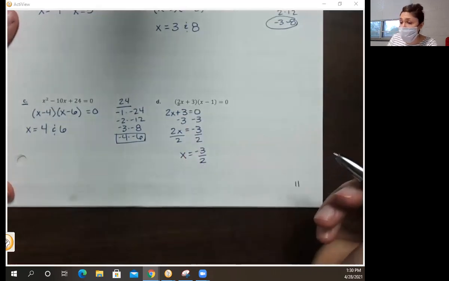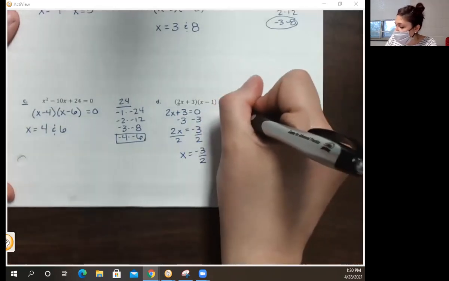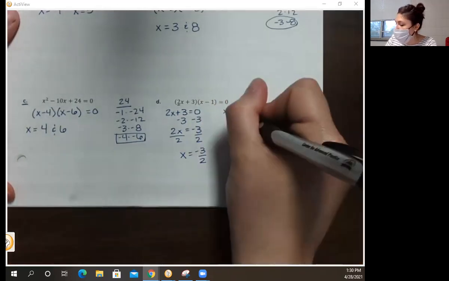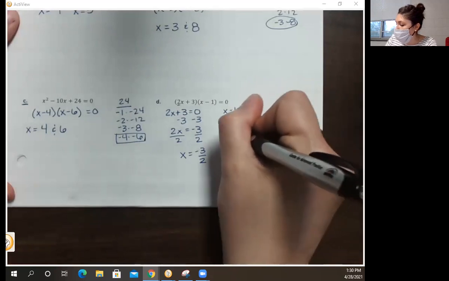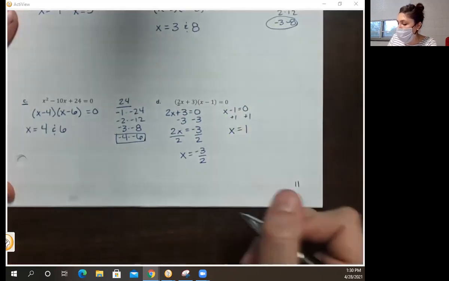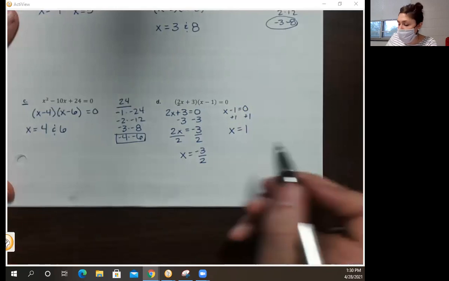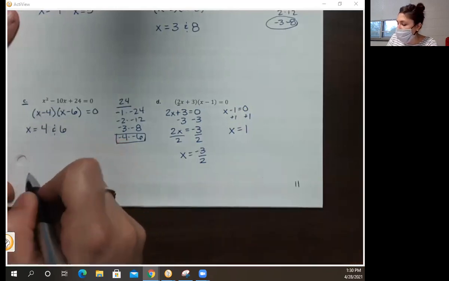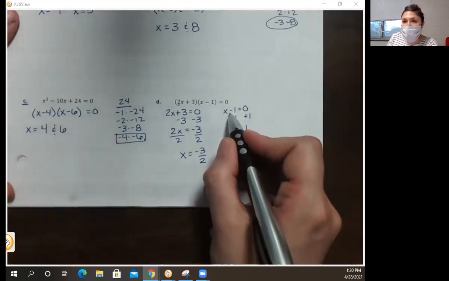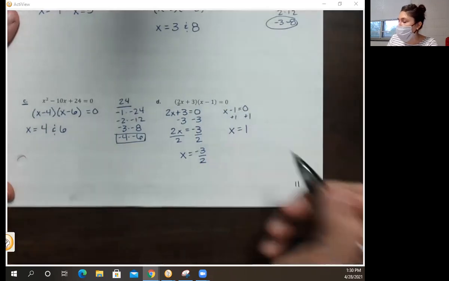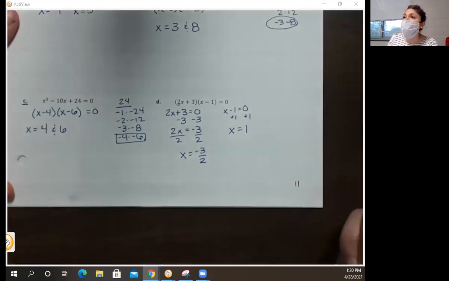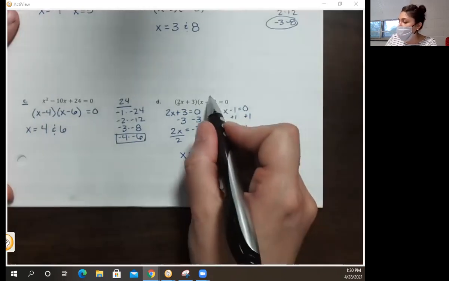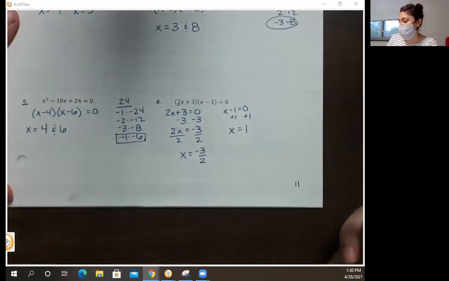Now you could, if you wanted to, set every factor, no matter what it is, equal to 0 and work through those steps to solve for x. We don't tend to do that for our simpler factors, just because it's pretty easy for you guys to get from here to here, especially after we just had a whole unit where one of the things that we practiced was picking out x-intercepts from that factor.